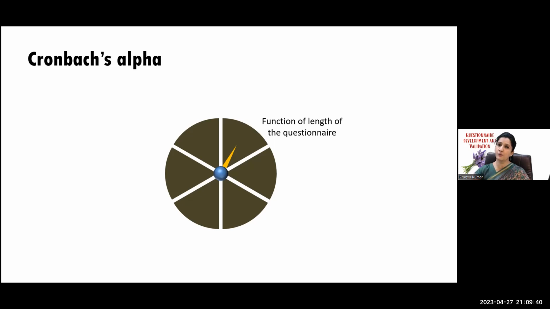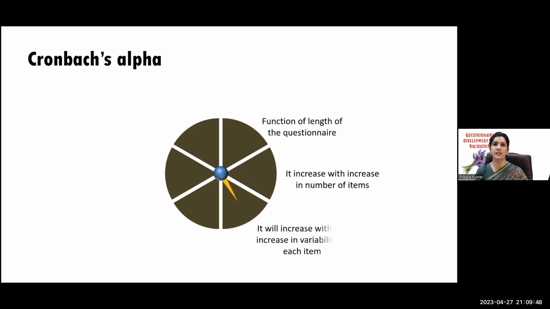The more lengthy your questionnaire, the higher your Cronbach alpha is going to be. And again, it increases with the increase in the number of items, and it will increase with the increase in variability of each item. So if the item is getting variable responses, and we check this by the variance also, it will increase with increasing variance.